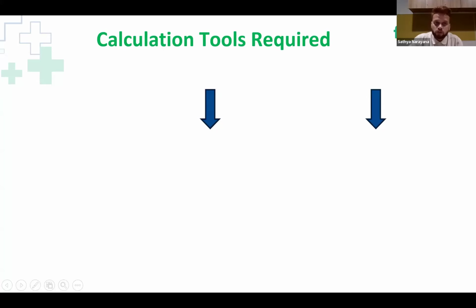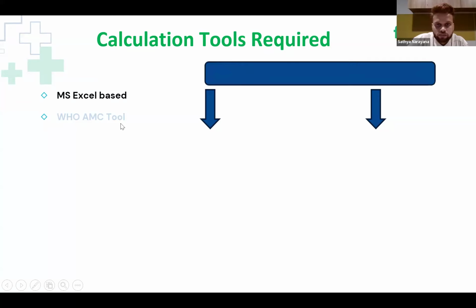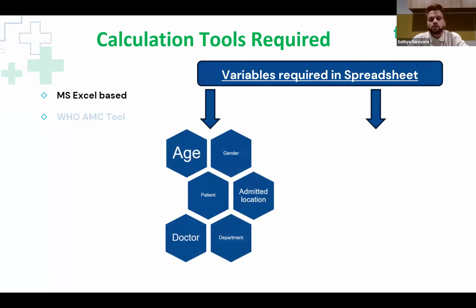And what are the tools or the minimum variables we require for calculating this DDD? The two common tools used are MS Excel based, or the WHO AMC tool, nothing but the antimicrobial consumption tool. The variables, for example regarding the patient, we need all these demographics, such as age, gender, admitted location.